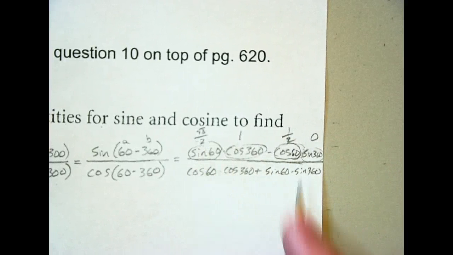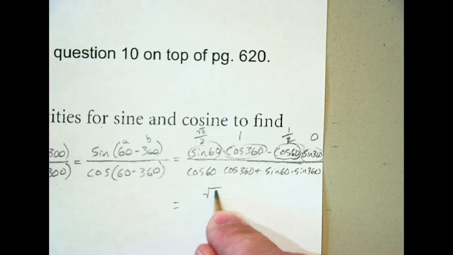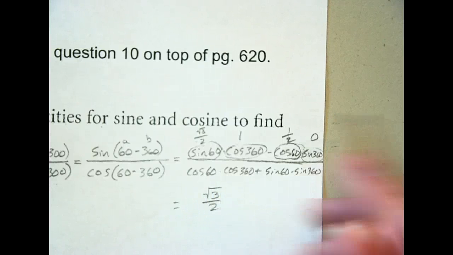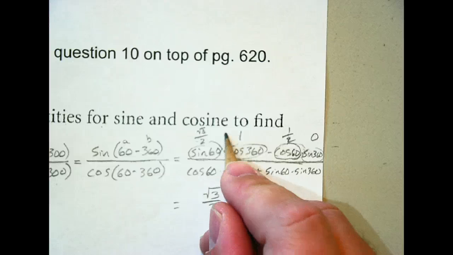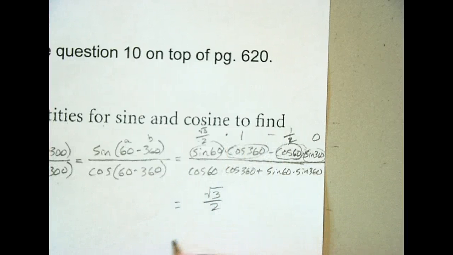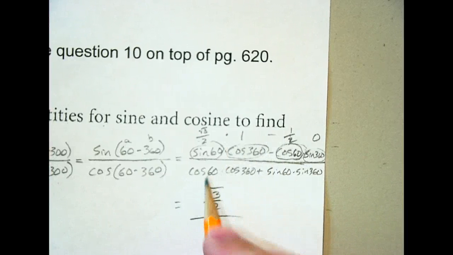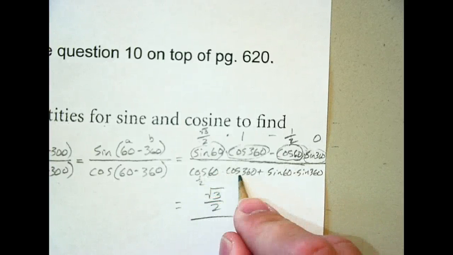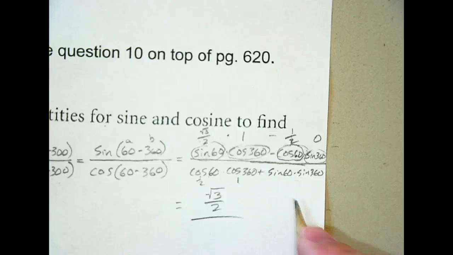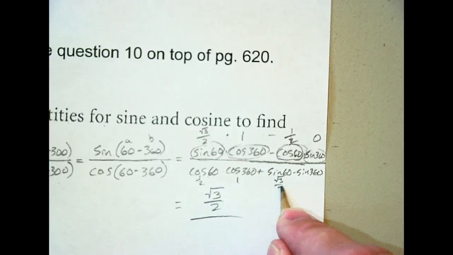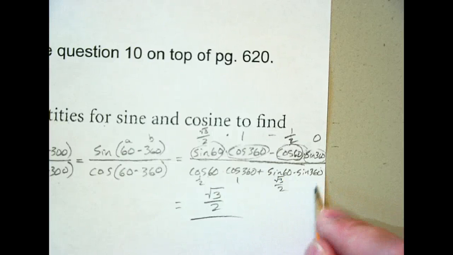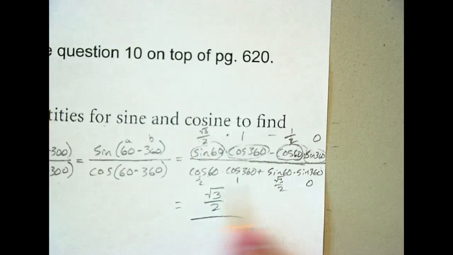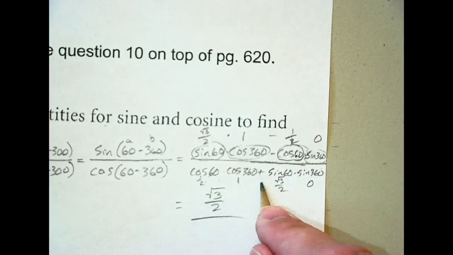Sine 360 is 0. So on the numerator, we get root 3 over 2 minus 0, which won't matter. On the denominator, cosine 60 is again 1/2, cosine 360 is 1, sine 60 is root 3 over 2, and sine 360 is 0. So you get 1/2 on the bottom.